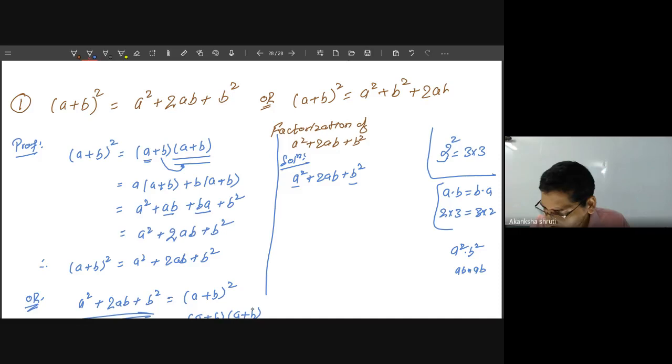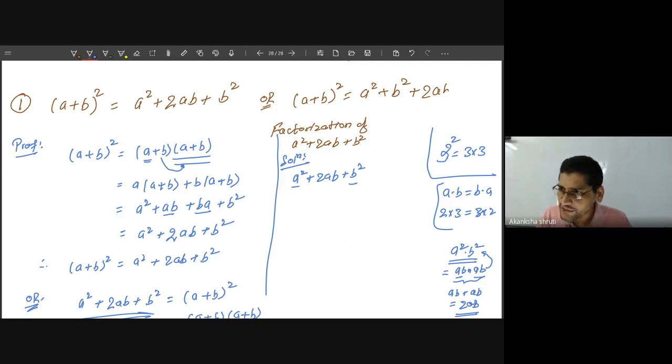Now see, the product of ab into ab gives us a square b square. At the same time, if we add ab plus ab, we get 2ab. So it gives the middle term and it gives the product of the first and third terms. This way we can split the middle term.